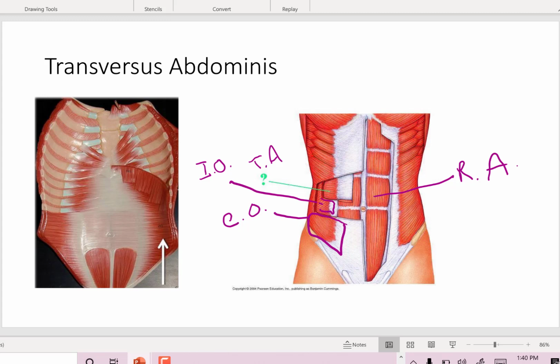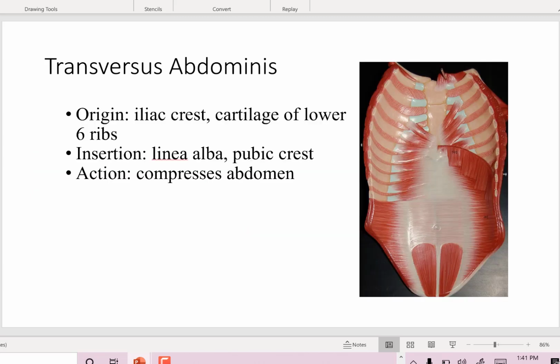Shown on our torso model that you've seen in previous pictures, I actually need to flip the model around to show you the transverse horizontal striations of the transversus abdominis. So it's on the underside of the chest plate for the dorsal model man, as we like to say. Again, this is the underside that we're seeing.